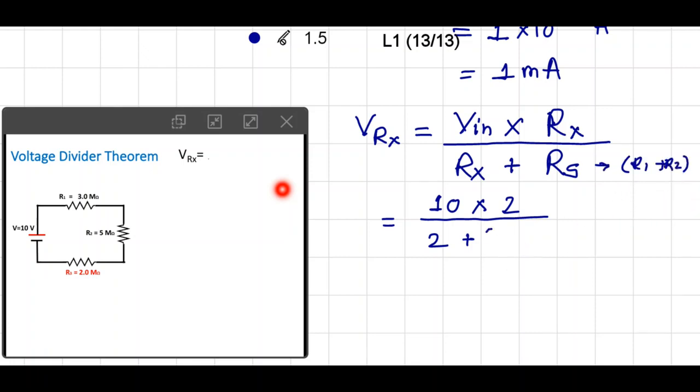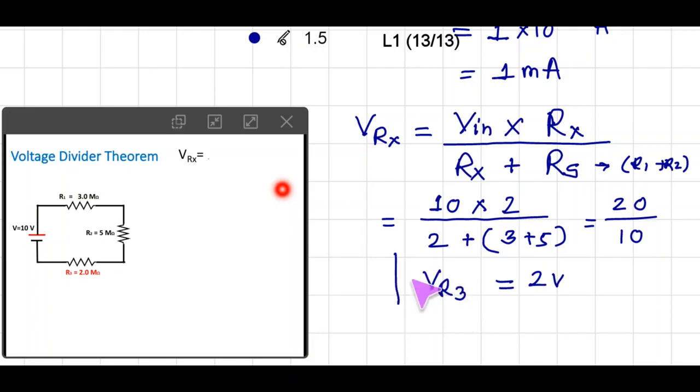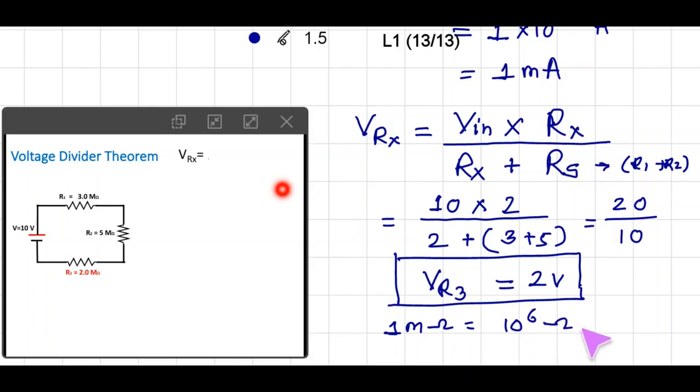So that is 3 plus 5 mega ohm. That is equal to 20 divided by 10, and that is equal to 2 volt. So the voltage across R3 is equal to 2 volt. Remember that 1 mega ohm is equal to 10 raised to 6 ohms.